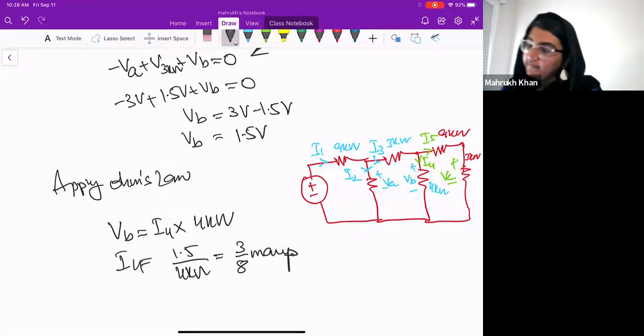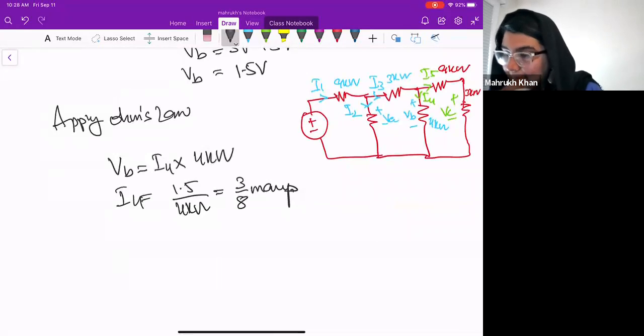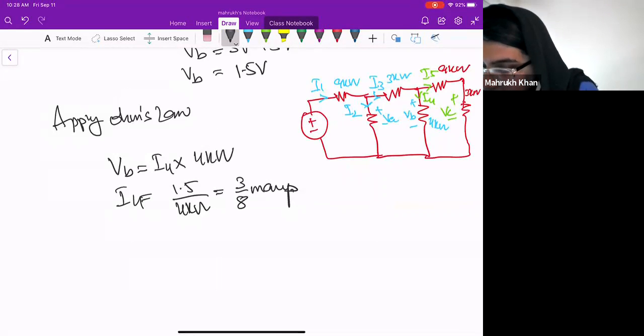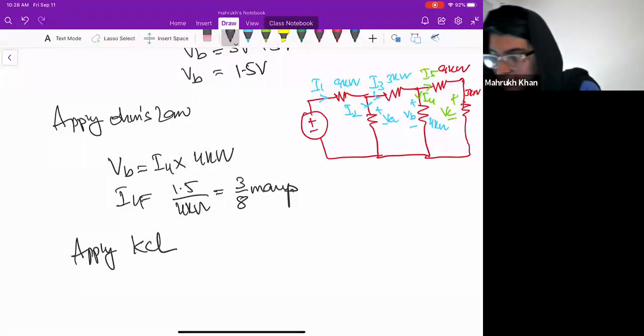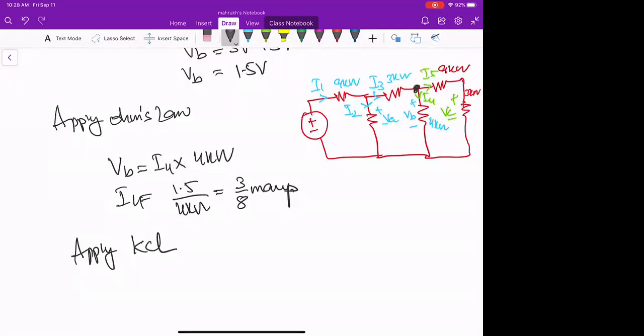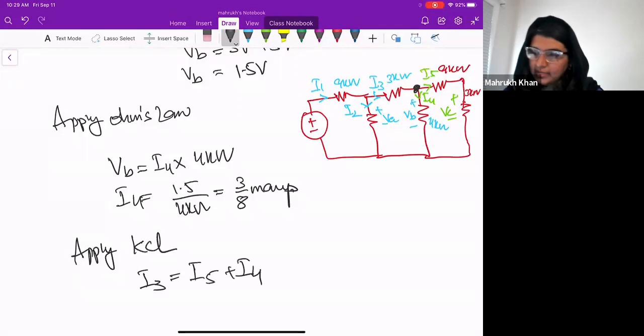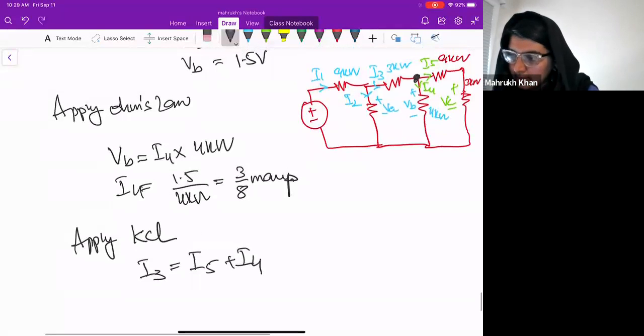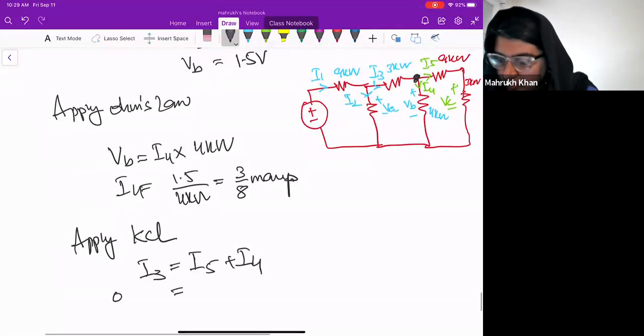So now I will find I5 applying KCL. So what should be my equation in KCL? At this node B, I3 equals I5 plus I4. Yes, right. So that should be my equation. And we know I3 is 0.5 milliamps.